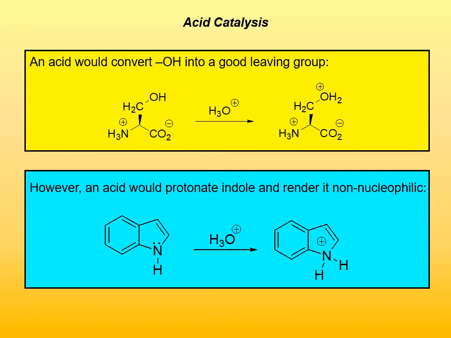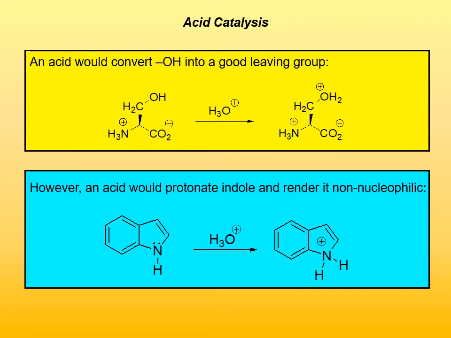So the nitrogen atom of indole would be protonated, and now indole would become completely non-nucleophilic, because there would be no free electron pair to donate. That free electron pair would have been used up in the protonation reaction. So this species would be non-nucleophilic, and we wouldn't have a nucleophile for an SN2 reaction.